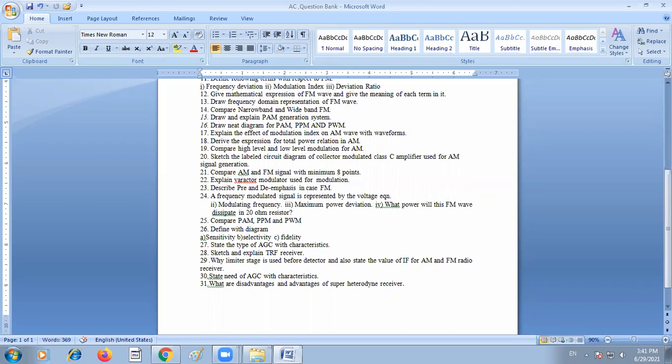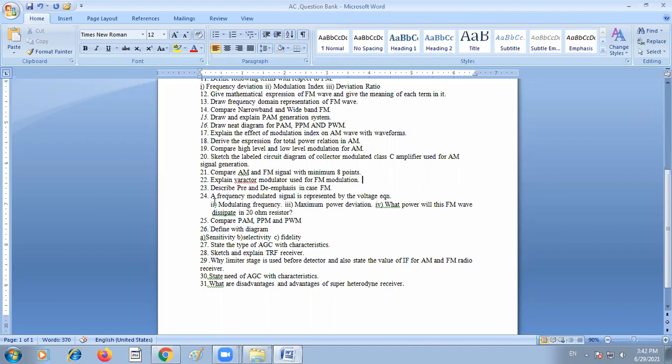So in FM only, the varactor modulation method is used. How many types of generation methods are there? Parameter variation method, this is the direct method of generation, and the Armstrong method of generation is the indirect method of generation. So the varactor modulation method is the parameter variation method. So straight away we can explain that.